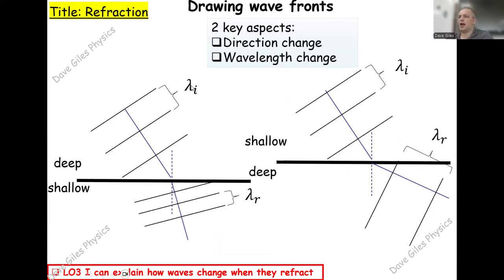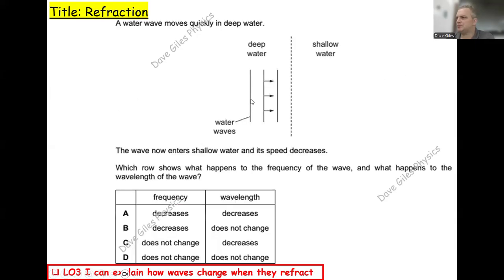Okay, so let's have a look at some paper 2 multiple choice questions. A water wave moves quickly into deep water. The wave now enters shallow water and its speed decreases. Which row shows what happens to the frequency of the wave and what happens to the wavelength of the wave?